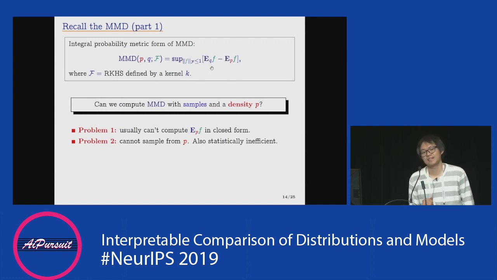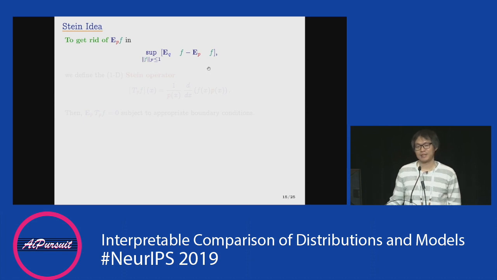So here's an idea due to Stein. The idea is very simple. We just get rid of the second term. But how do we do this? Well, we will introduce a so-called Stein operator, denoted by T_P. This Stein operator is an operator that takes in a function f and produces a new function. And the operator looks like this.